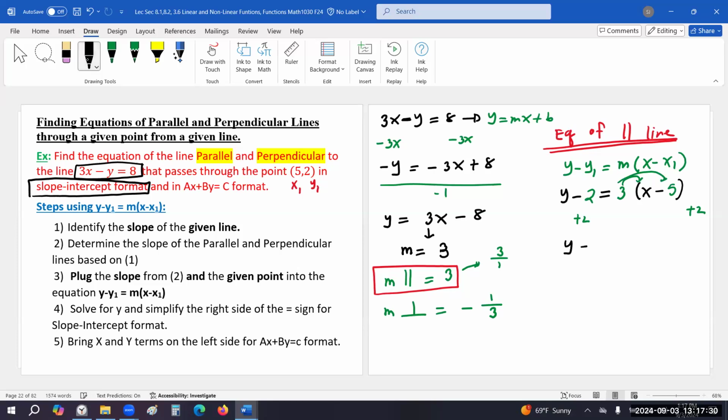So we get y equals 3x minus 15. And then the extra 2 we added from the left side. And we are done. y equals 3x negative 13. Anytime two different signs, you subtract, but keep the sign from the bigger number.